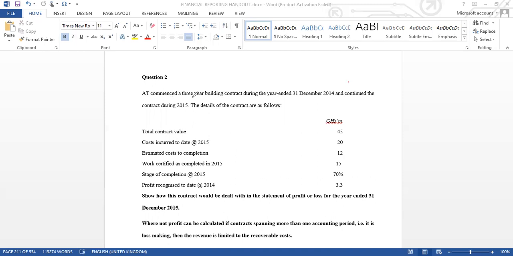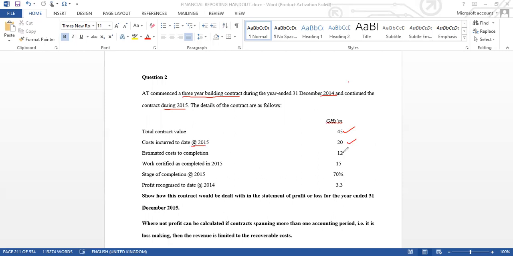AT commenced a 3-year building contract during the year ended 31st December 2014 and continued the contract during 2015. So the details are given below. We have contract revenue 45, cost incurred to date 2015, 20.